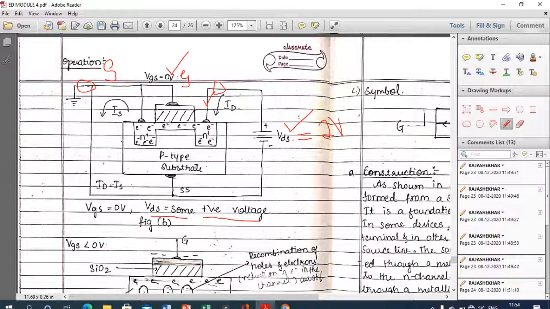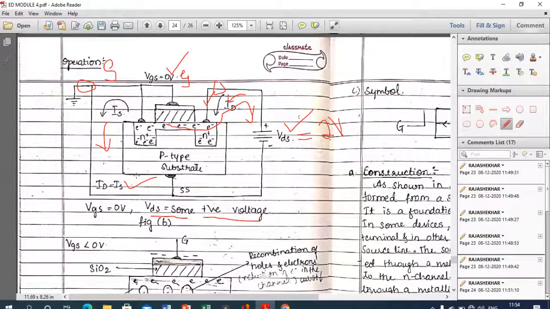So electrons move towards this positive terminal, whereas the drain current moves in the opposite direction, which is shown here. Okay, because of this, the drain current flows through the channel from drain to source terminal, and from this I can say that ID equals IS, because the same electrons flow from the drain terminal towards the source terminal.